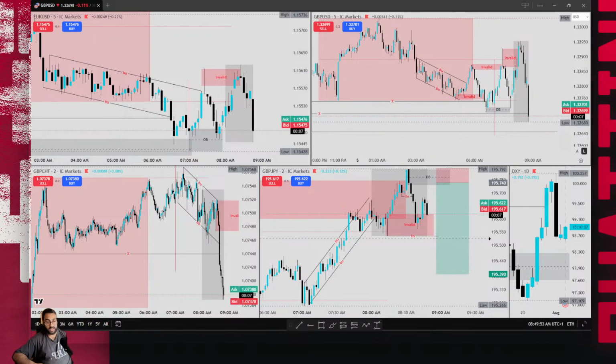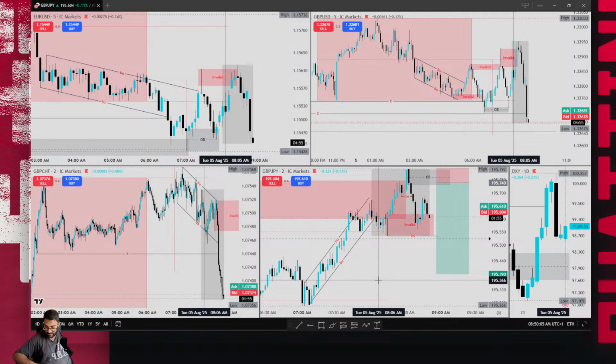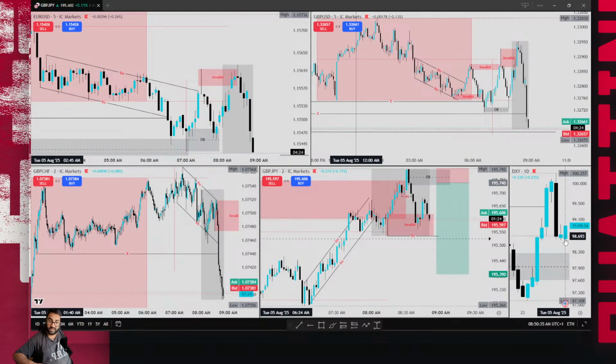This is the problem with M1, like the price action can switch on you so easily. Like so easily. That makes sense.